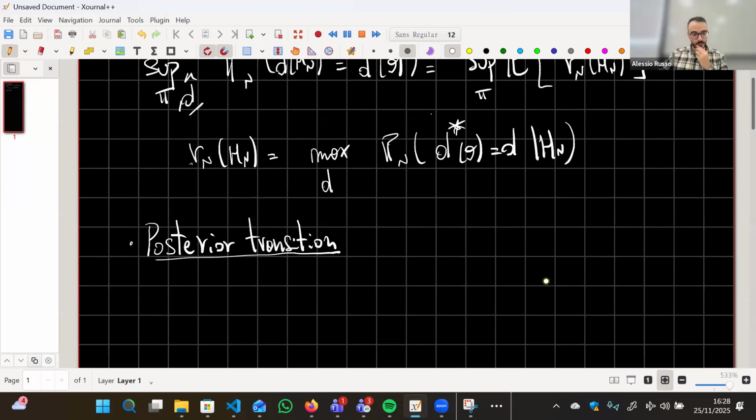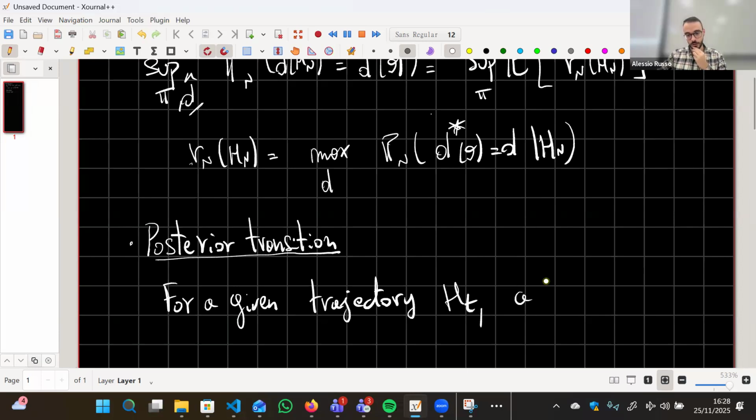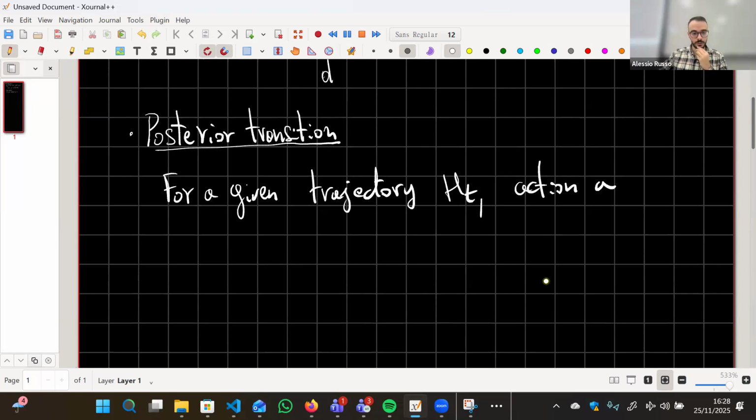So for a given trajectory ht and action a, we define the posterior transition as p bar of the next observation xt plus 1 that belongs to some set X given ht, a.